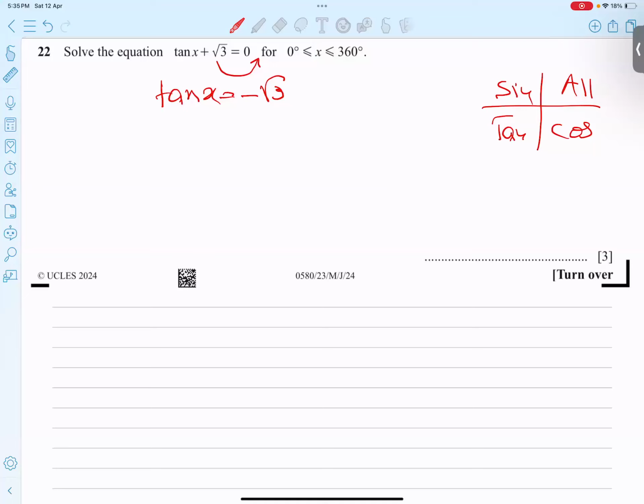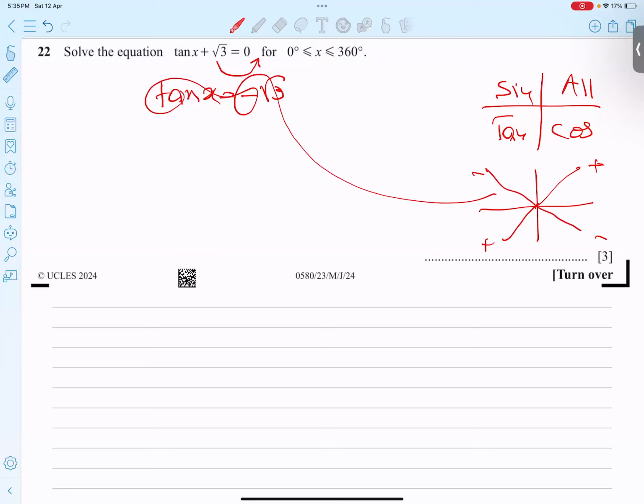So all means all and tan. Tan is positive in this and this. And in this quadrant, make sure cos positive and sine positive. But what about tan? Tan negative. Here I talk about tan negative. So when I make a cross, I make tan negative here and here.